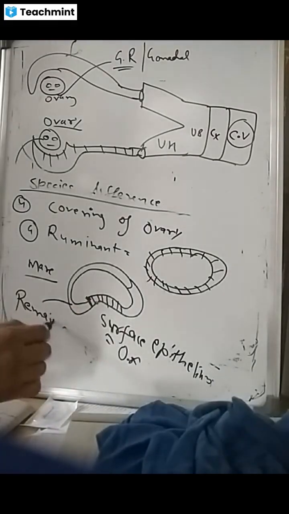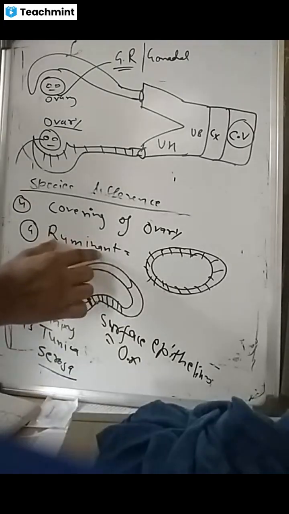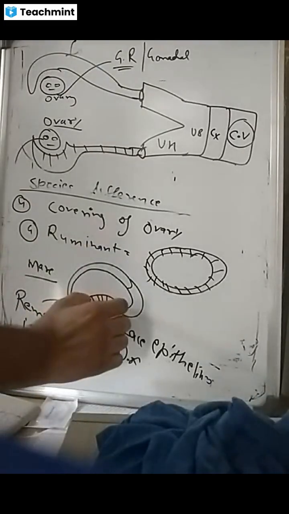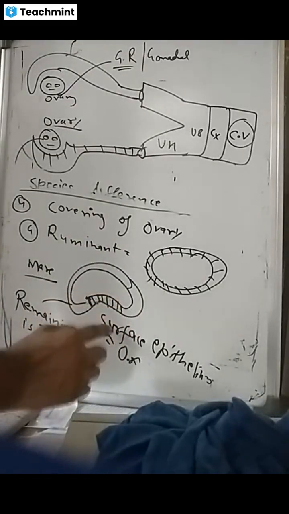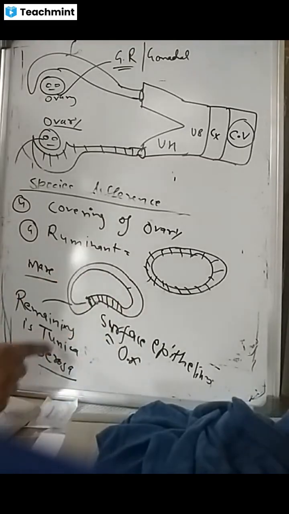The remaining part is covered by tunica albuginea, which is present all over the ovary in the mare except at the ovulation fossa.